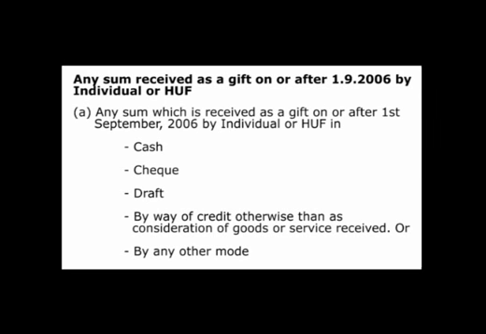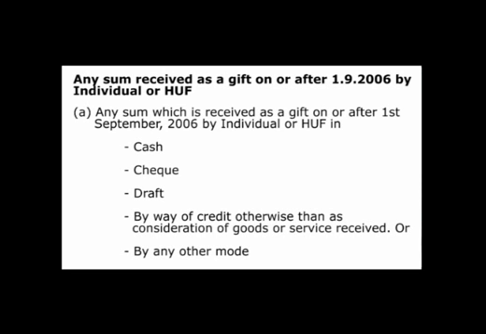2006 by an individual or HUF, meaning Hindu Undivided Family. What would be the treatment of that amount when a person or an individual is getting the amount by way of gift? The provisions are like that.